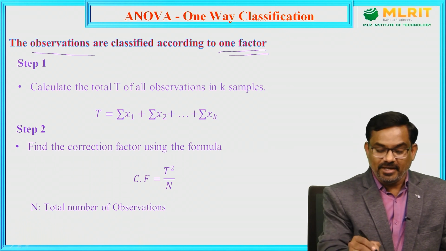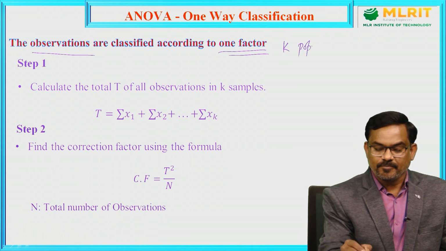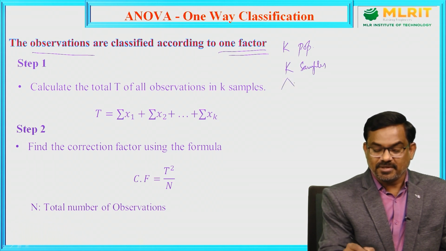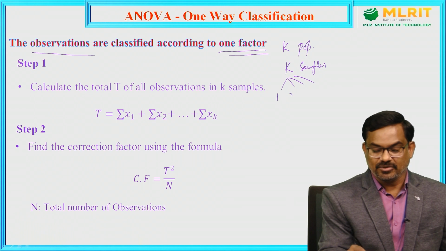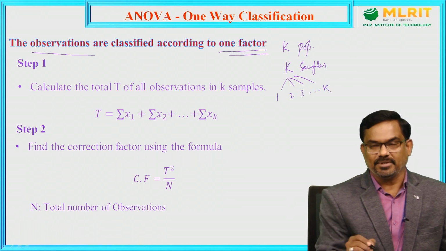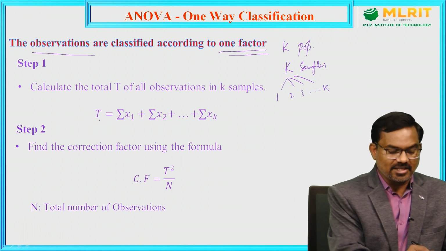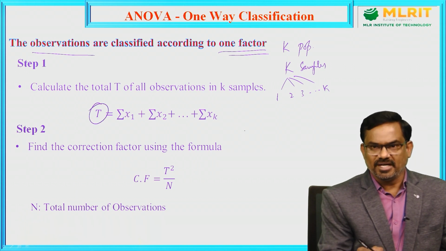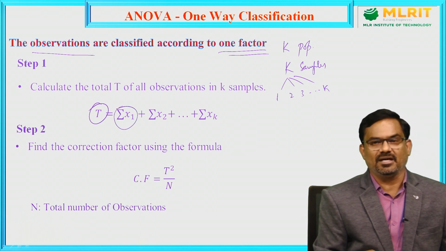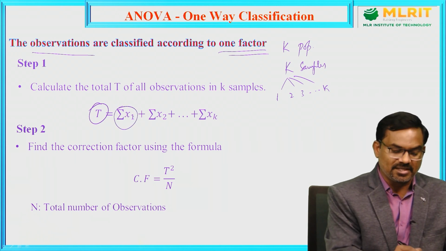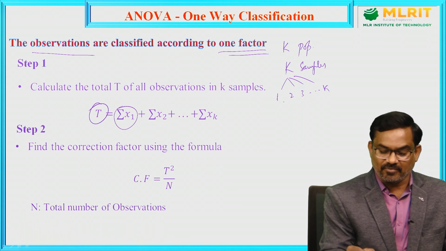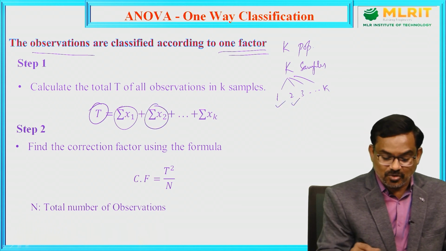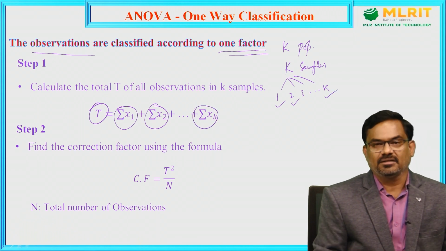There will be K populations and K samples, and the data will be given as the observations of these K samples: 1, 2, 3 and so on up to K. Then let us calculate the total T = sigma x1 + sigma x2 + and so on up to sigma xk. The first term, sigma x1, indicates the observations corresponding to sample 1, the second indicates the observations corresponding to sample 2, and so on, the last, xk, corresponding to sample k.